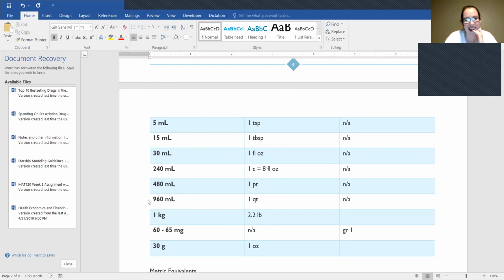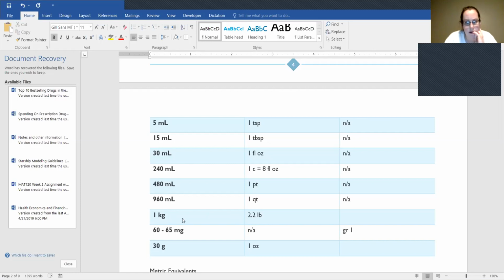Well, here we're essentially 14 less than 960. That's a minute amount. So it's well within that 10%. We're not terribly worried about the inaccuracies that come from these estimates. 2.2 pounds is pretty exact.